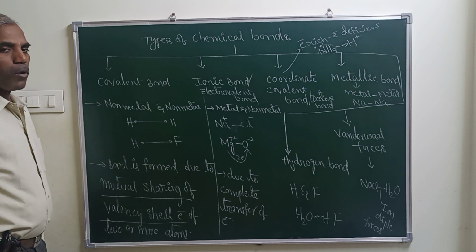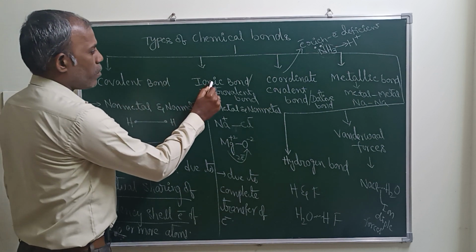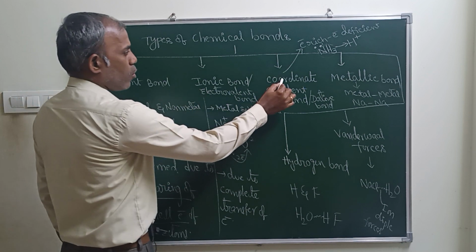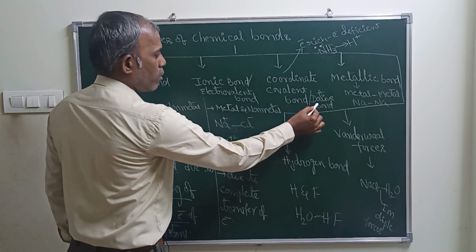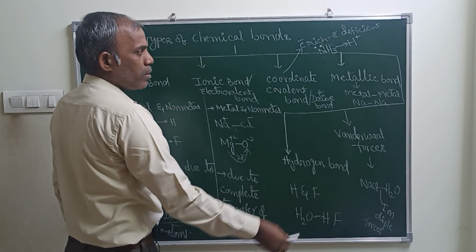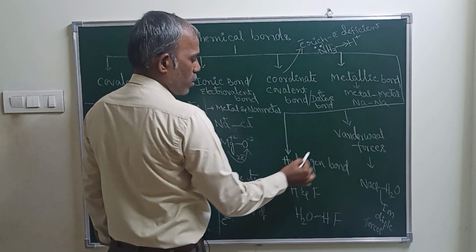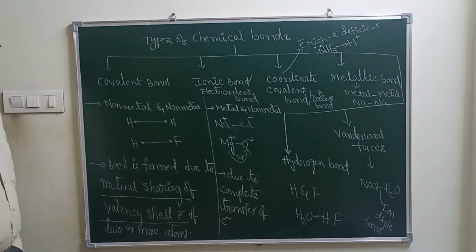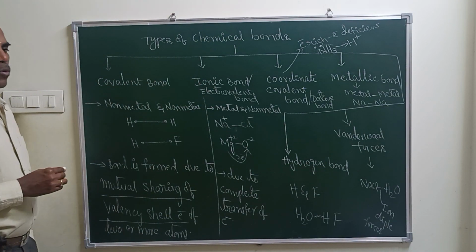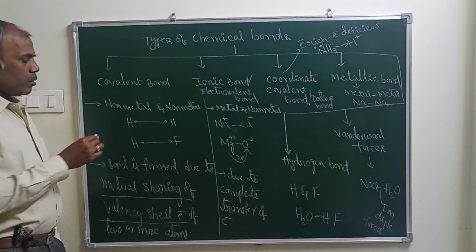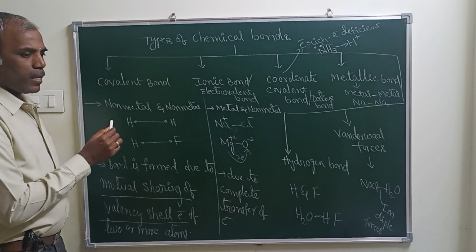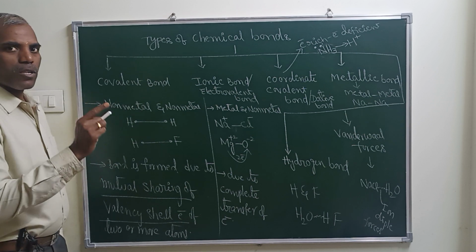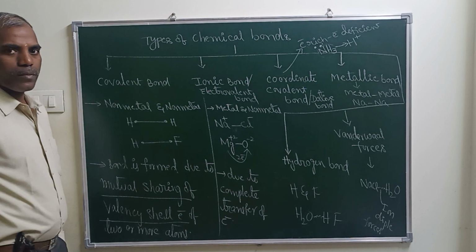Starting from covalent bond, ionic bond, also called electrovalent bond, coordinate bond, also called dative bond, metallic bond, hydrogen bond, van der Waals forces. When coming to covalent bond, as I said already, in any bond formation, valence shell electrons are involved.